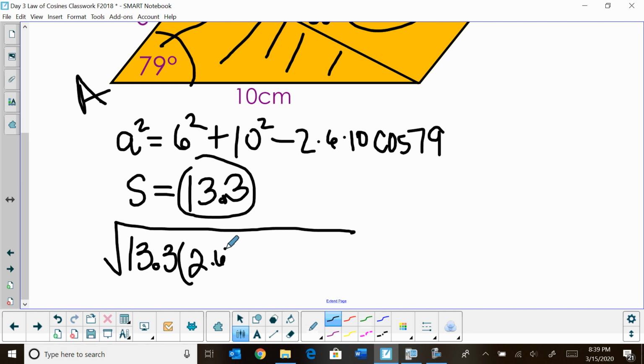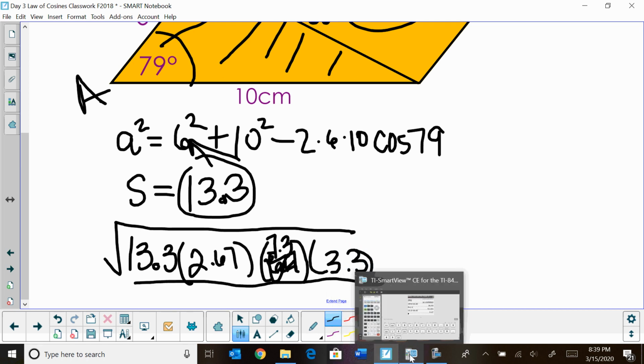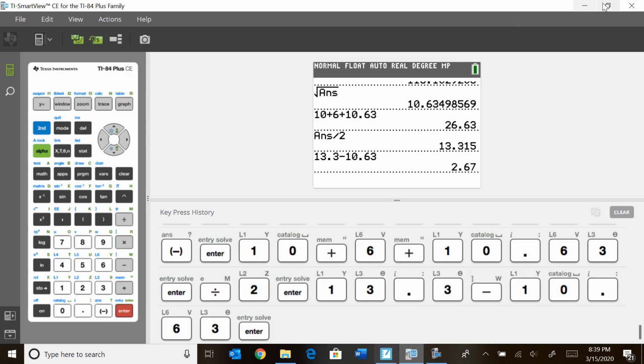And then I'm going to take 13.3 times the next side, which is going to give me 13.3 minus 6, which is 7.3. Sorry, 7.3. And then I'm going to take 13.3 minus 10, and that's 3.3. So let's take the product of those four numbers and take the square root of that for the area.